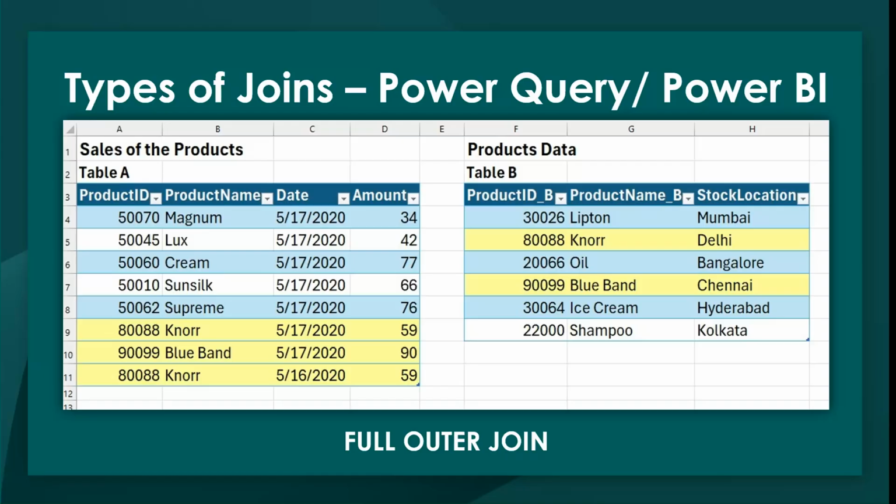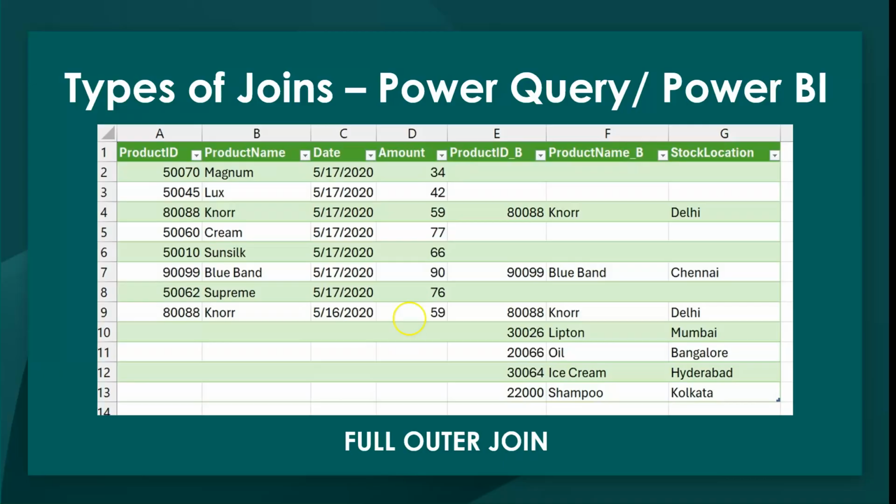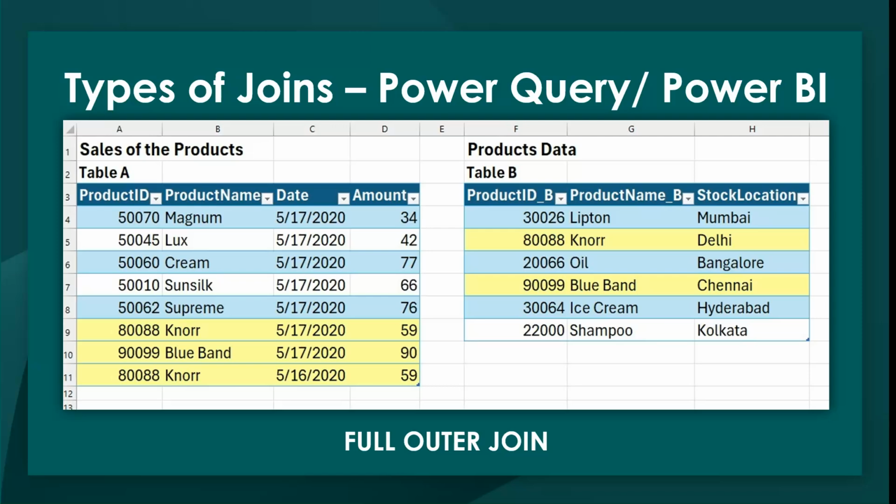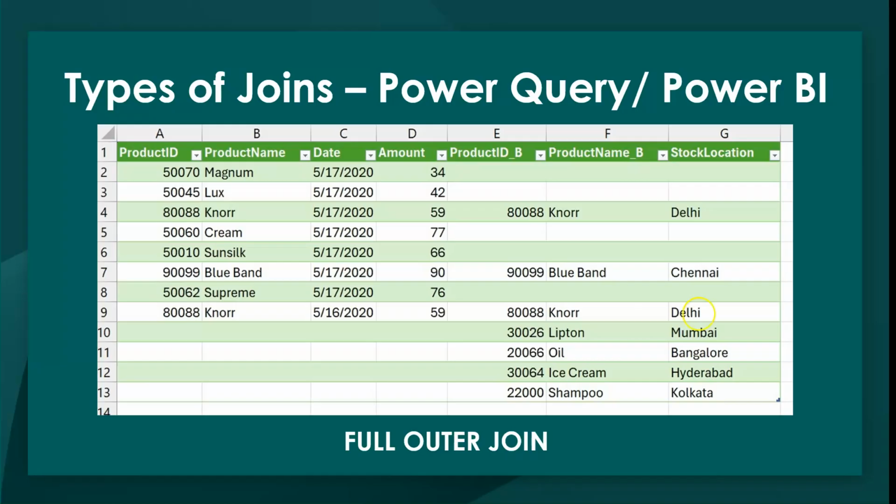So if I apply the full outer join, all the transactions from the left table and all the transactions from the right table will come and show in the table. But those transactions which intersect, which match with each other, are in the same row, whereas all the other transactions came from table 1, the left table, and table 2, the right table as well.